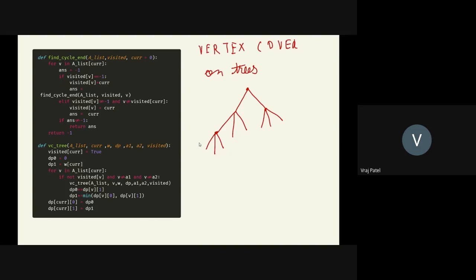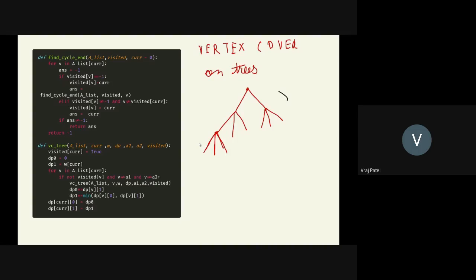But yeah, let us have a look at what happens on trees. When you work on it for trees, this is the approach that you can use. You can do a kind of DP on trees, right? So let us forget that this part of the tree even exists.